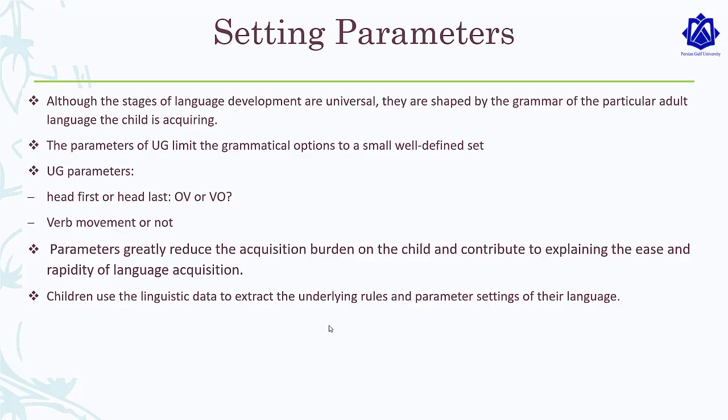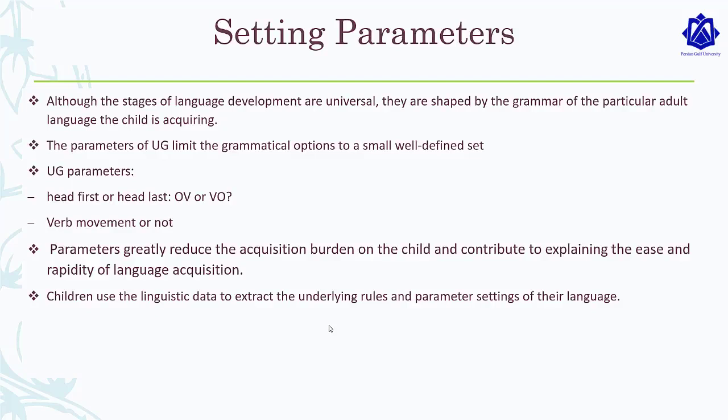These parameters give options to children to choose from. Since we have a limited set of choices, the children would not have a difficult task. They have to set the parameter to yes or no.